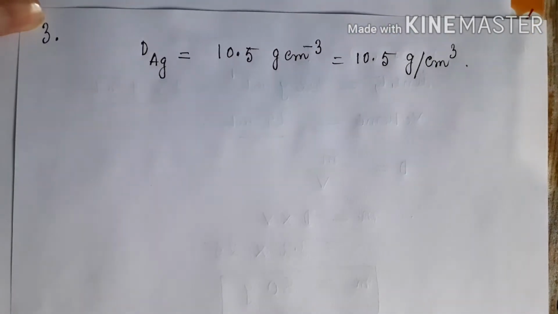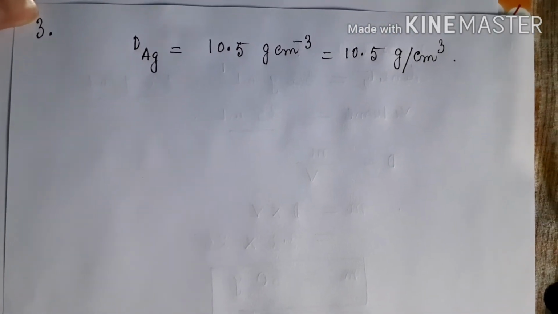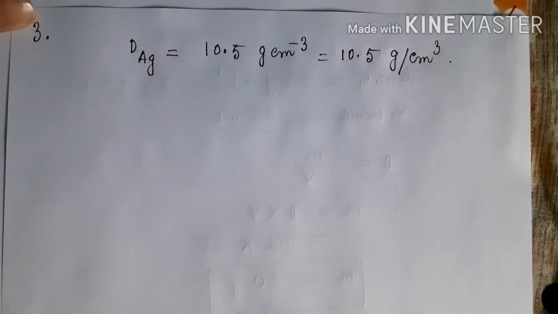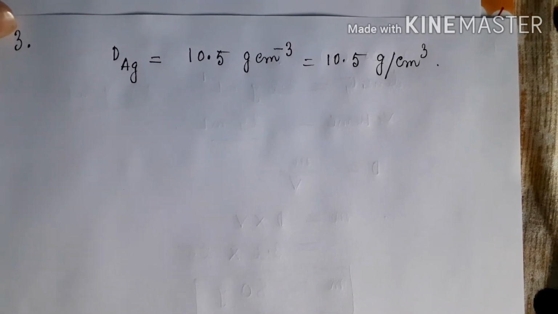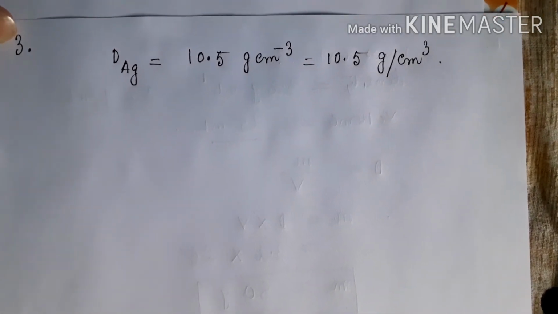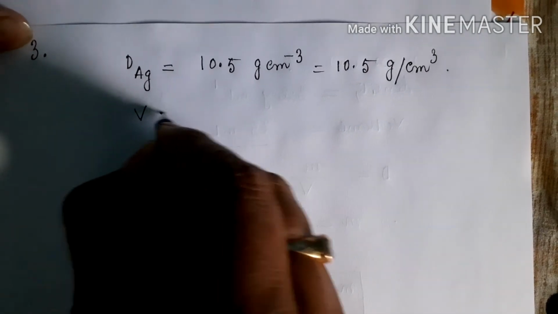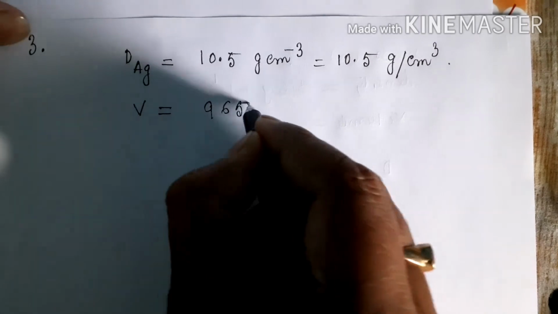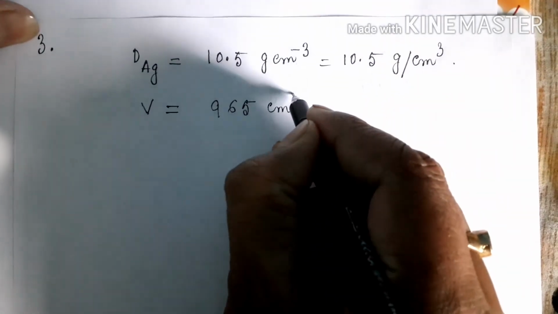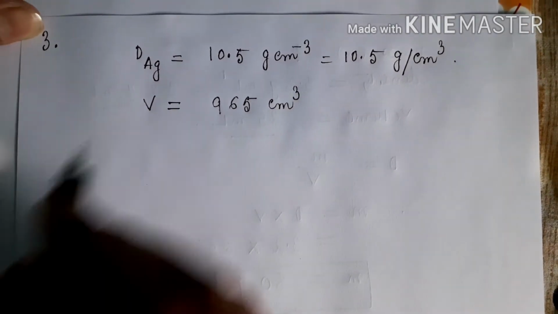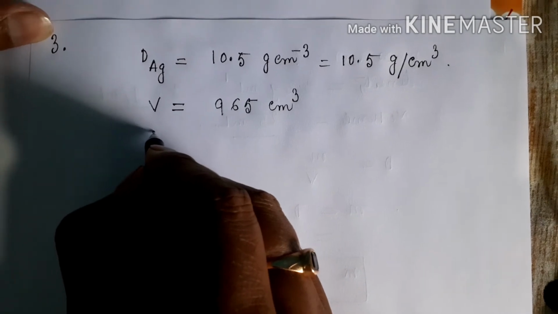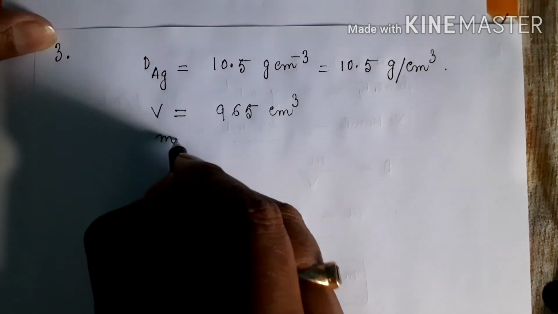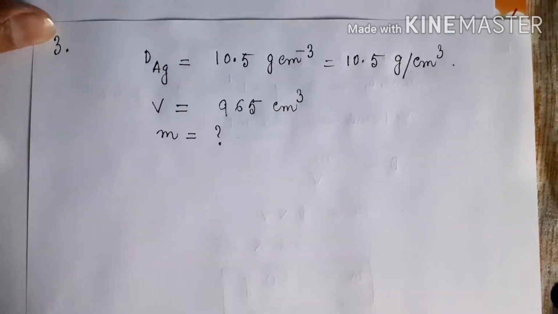This is the density of silver, already given here. Now find the mass of Ag that occupies 965 centimeter cube of space. So 965 is the volume. That means volume is given 965 centimeter cube. We are going to find out the mass of that one. Okay, how much mass it is having.